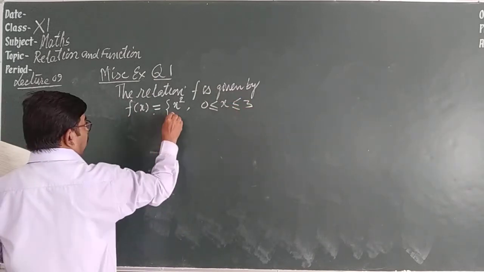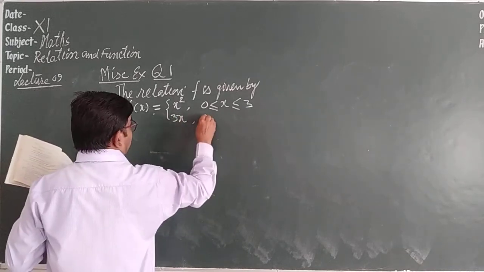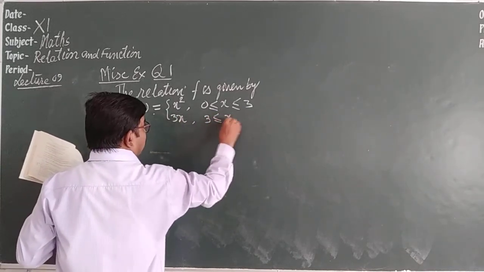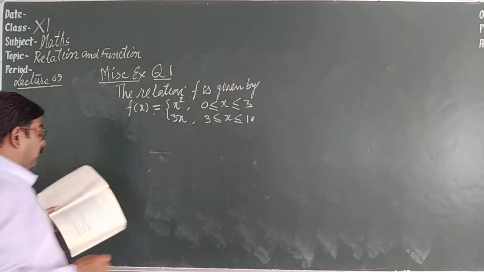We have another function 3x, where 3 is less than or equal to x is less than or equal to 10. This is f(x).